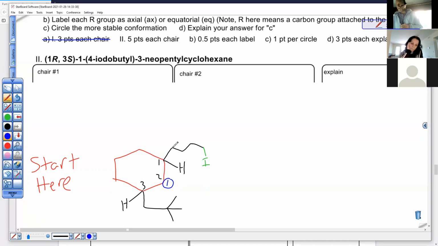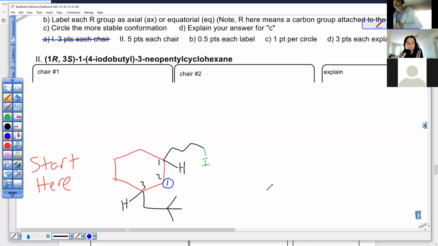A C. So we're still tied at this distance. What's the next heaviest thing off this C? A second C. What's the next heaviest thing off this C? You've already counted that; you can't count it again. The next heaviest thing is an H. This H loses to this C. So we have priority 1 here.